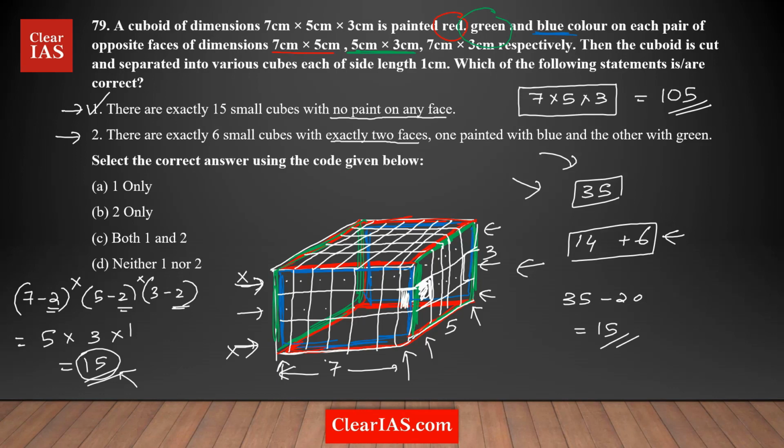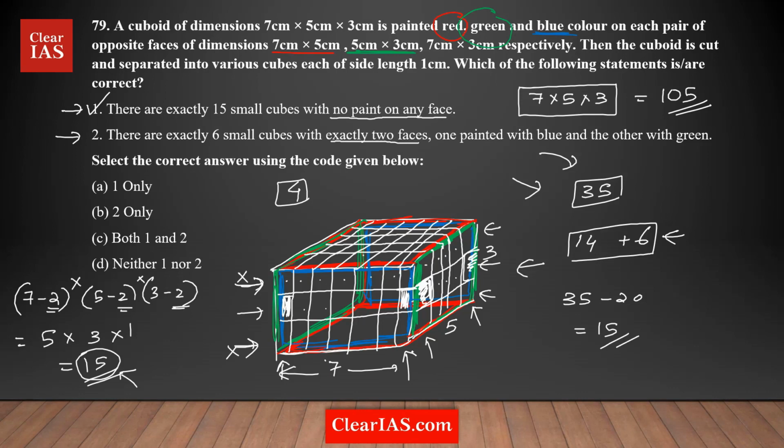Definitely exactly one face is painted blue and one is green. Similarly, you have the same here. Also on the other corner, you have one. That's it. There are only 4 smaller cubes which have exactly 2 faces painted, one with blue and one with green.